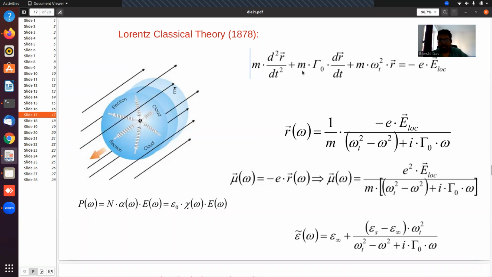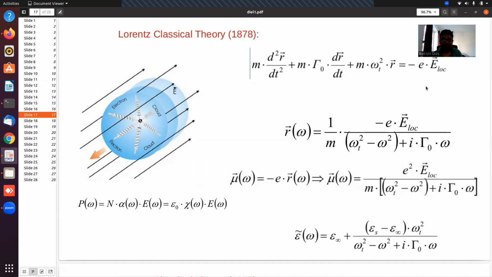This equation is a Langevin equation. The Langevin equation was already there at that time. What Lorentz did with the Langevin equation: we have a dragging or friction force and an external force, so we can write the equation of motion in terms of the external force and the dragging force.